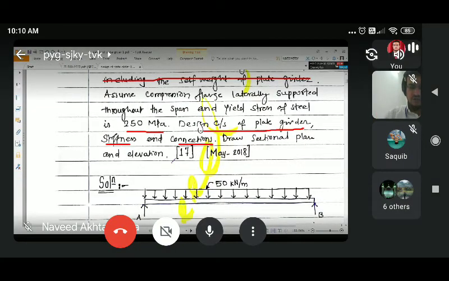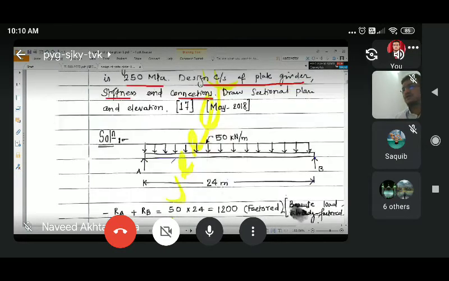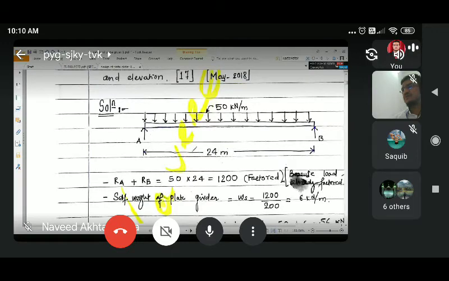First we'll draw our span, that is the 24-meter span of the plate girder. Two supports are there, and the factored load is given as 50 kilonewton per meter. It is UDL. No point load is given in this example.